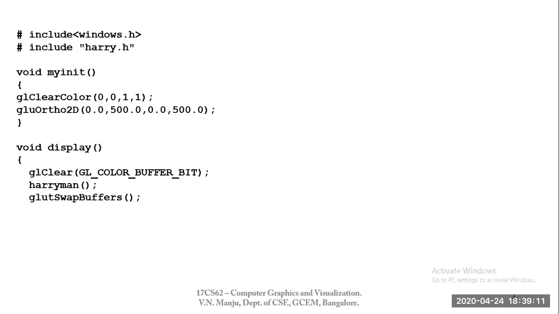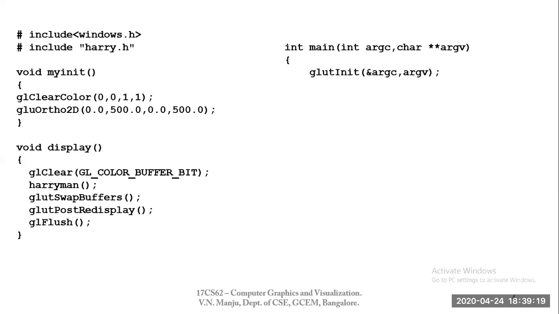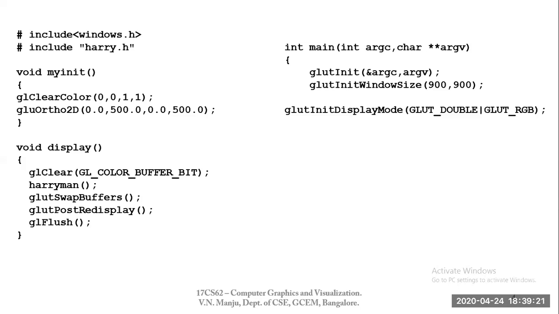Now when you want something to move, you should have glutSwapBuffers, because in your main function you will be having GLUT_DOUBLE. So you should have this one. Since I have used GLUT_DOUBLE, I have to use the swap buffers.